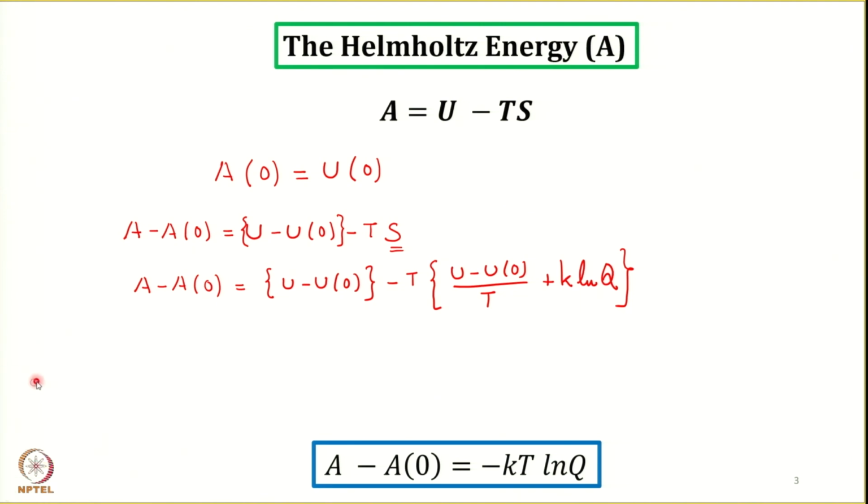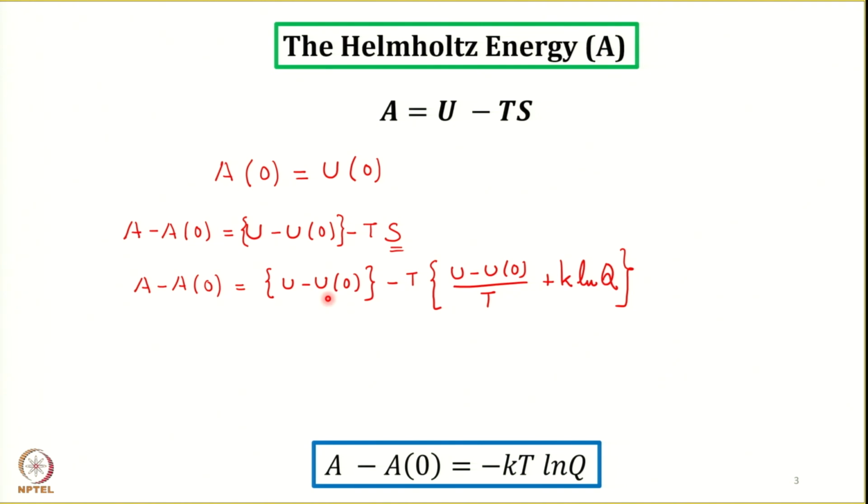Now, if you carefully examine this, U minus U0 and T cancel; U minus U0 will cancel. This will cancel with this. That is why I did not write U minus U0 in terms of canonical partition function, because they are getting cancelled over here.